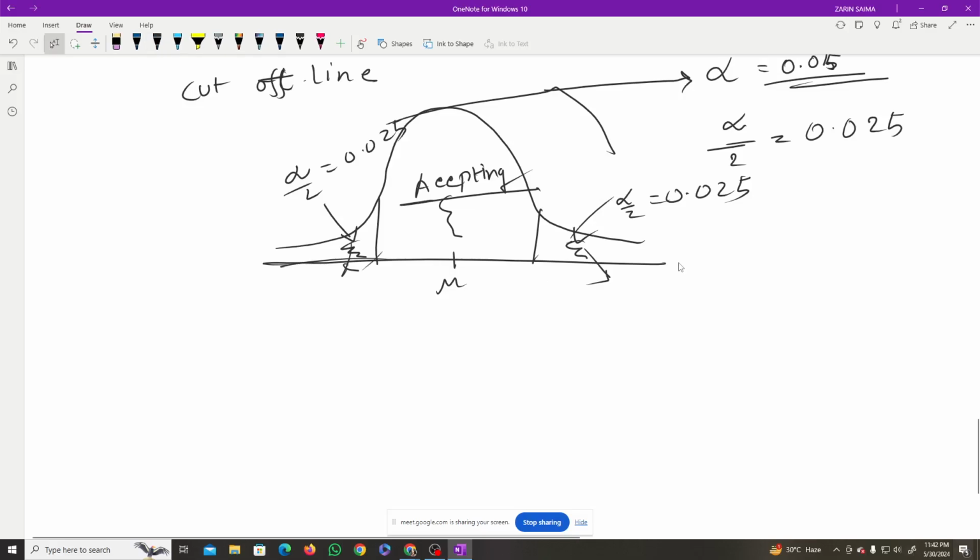Suppose after standardizing and getting the value from the z table, you find your value as 1.96 and minus 1.96. Then you will do the rest of the work. We will get into this in detail, but before that, just have this idea.